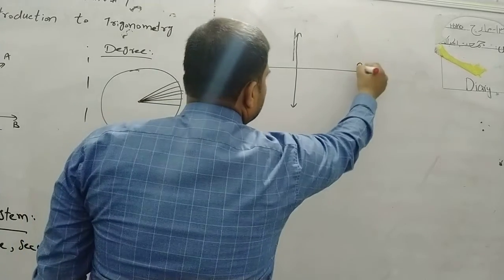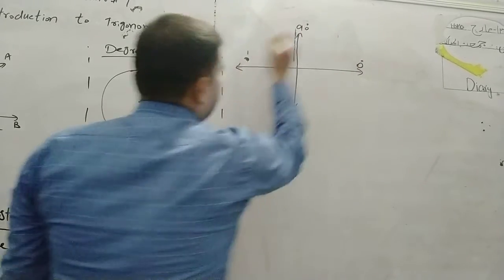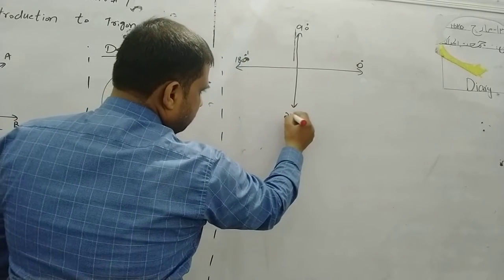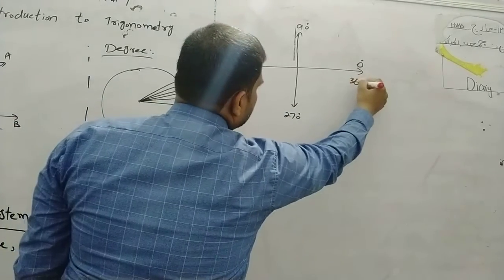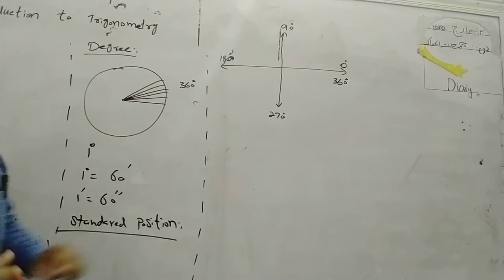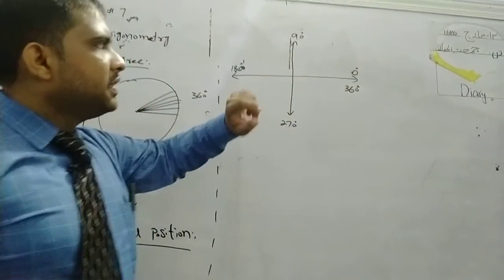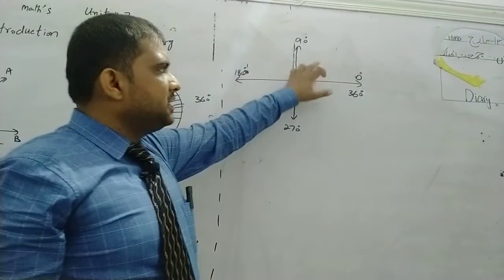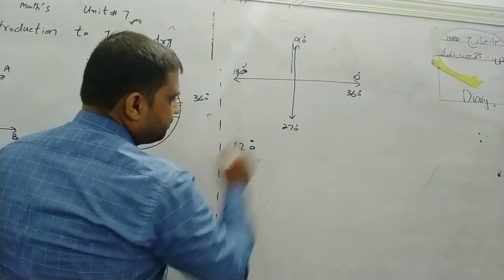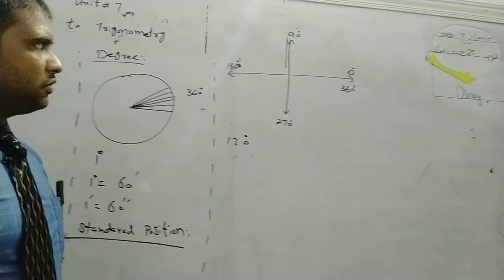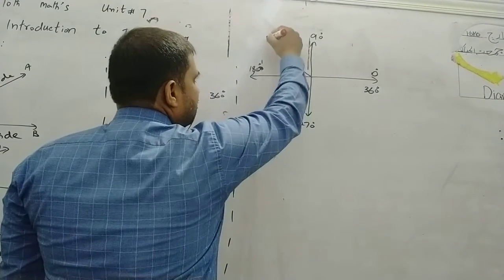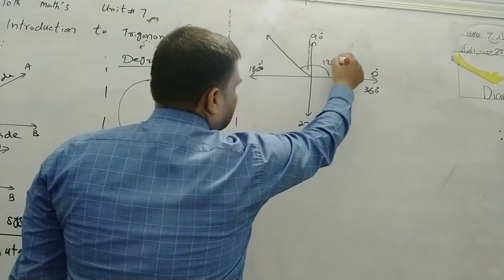We start from 0, 90, 180, 270 and 360 degrees. These are our quadrantal angles, and the terminal arm lies between these quadrantal angles. If we show the position of 120 degrees, here is 90, so 120 degrees is in this position.